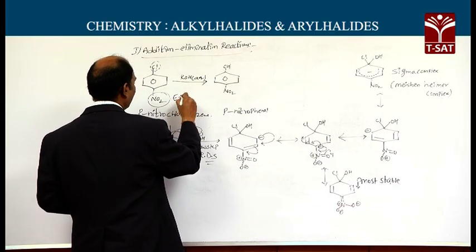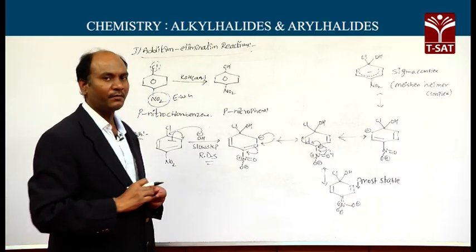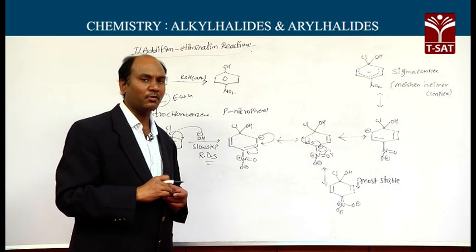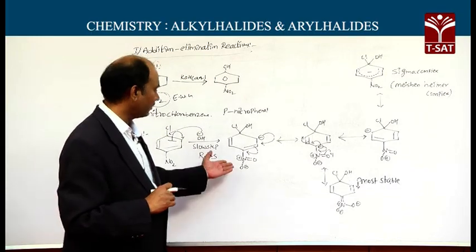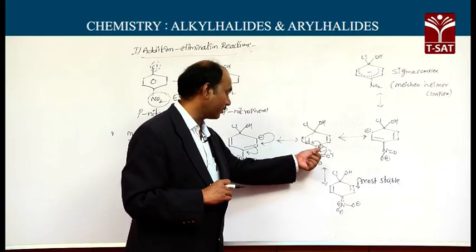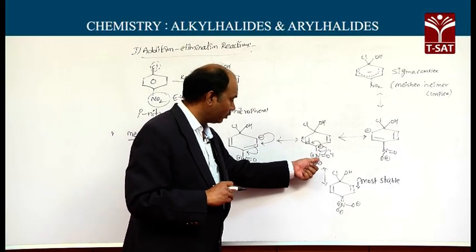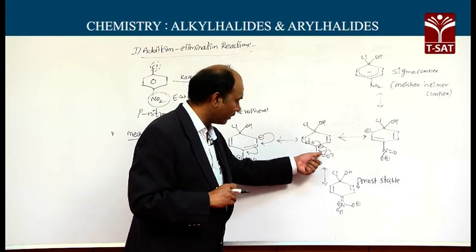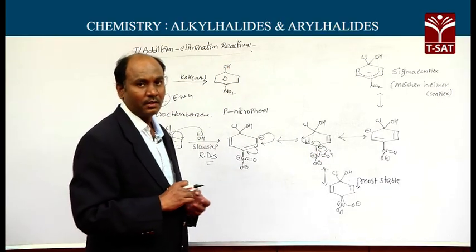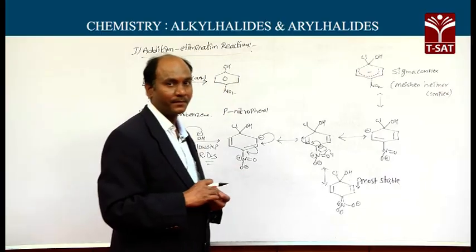NO2 is an electron withdrawing group. If an electron withdrawing group is present at ortho and para position, here in this one we are observing that it is present at para position. If NO2 is present at para position, the carbanion is stabilized.